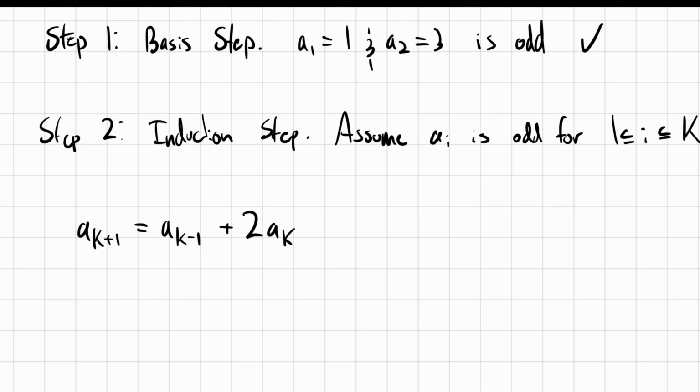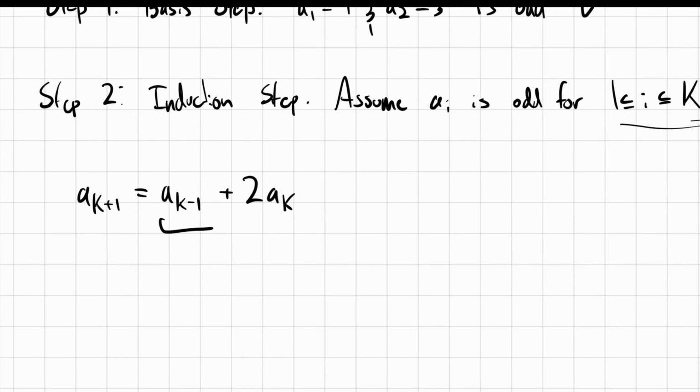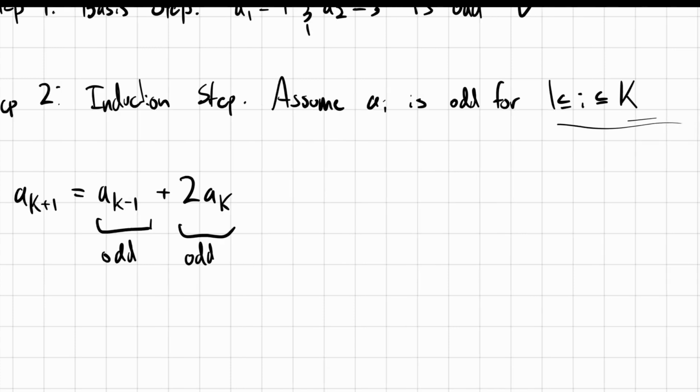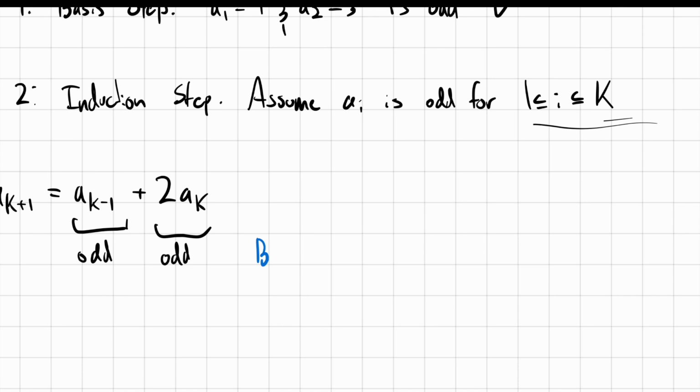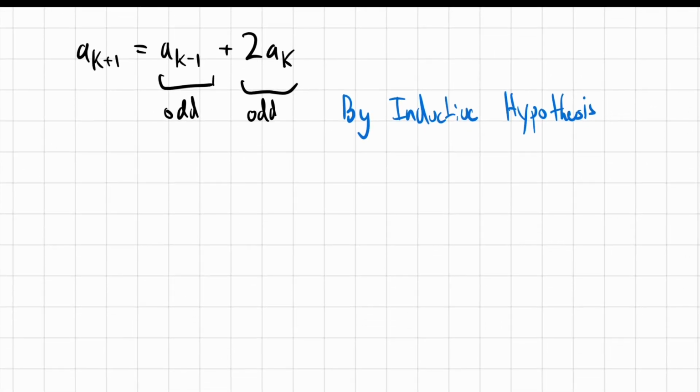And from our inductive step up here, where we assumed a of I for this range, these both fall within that range, which means these are both odd. The important phrase to use here, which you always have to put down, is by inductive hypothesis, because we're using our assumption to plug in something different here. So always put down by inductive hypothesis when you use the assumption you make.